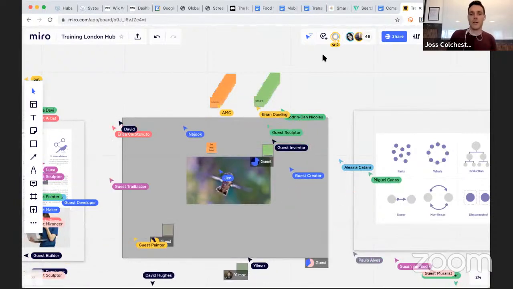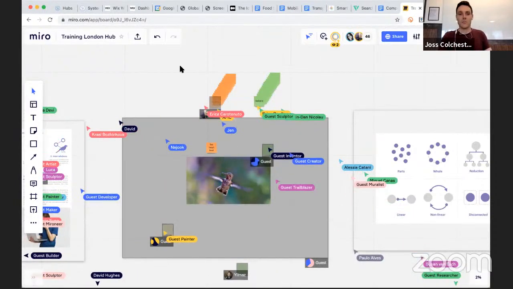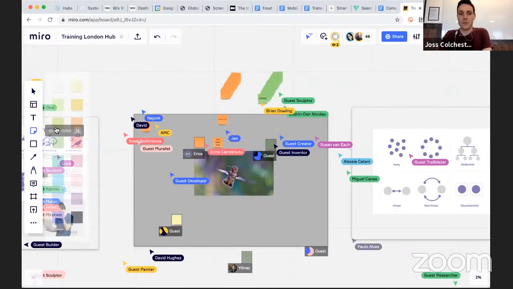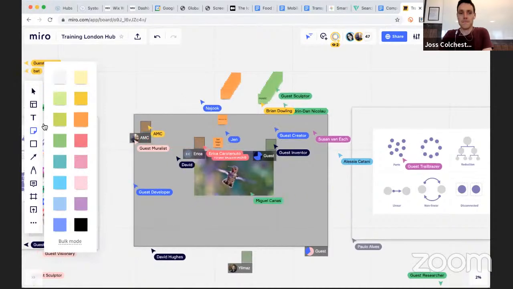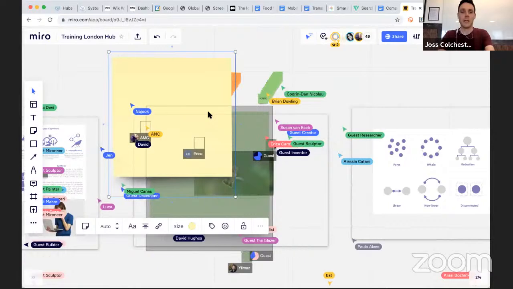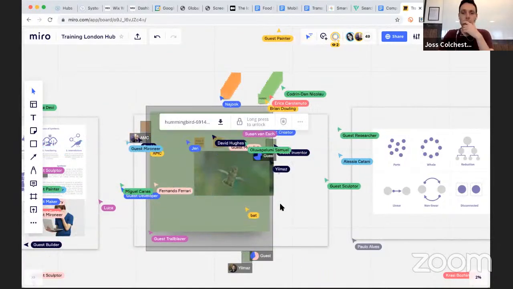Does anybody need help? Everybody know how to use Miro? You can also get a sticky on the left-hand side here. Just choose the right color. And please scale your stickies to the appropriate size.